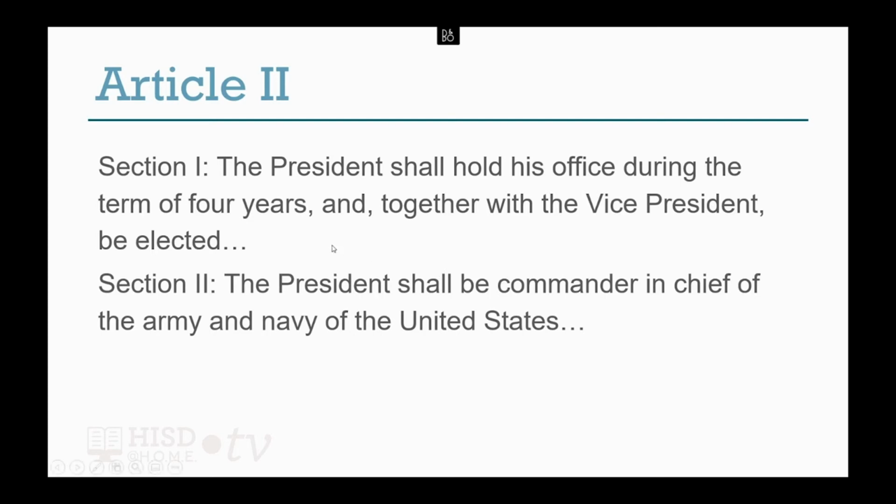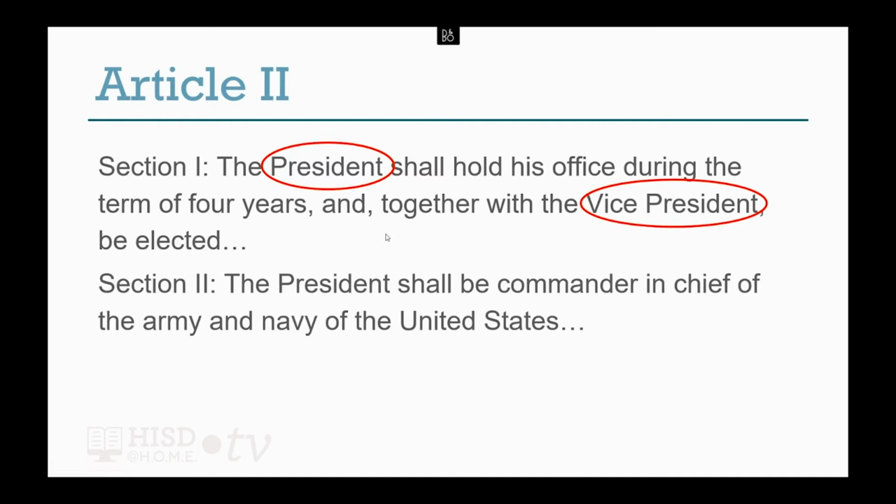Okay, so what did you guys find? What branch of government is Article 2 of the Constitution referring to? If you guys found the words president and vice president, then hopefully you guys remembered or figured out that Article 2 is talking about the executive branch of the Constitution. And then the next thing we were looking for is how separation of powers is reflected, or in other words, what powers or what are some of the powers given to this branch.